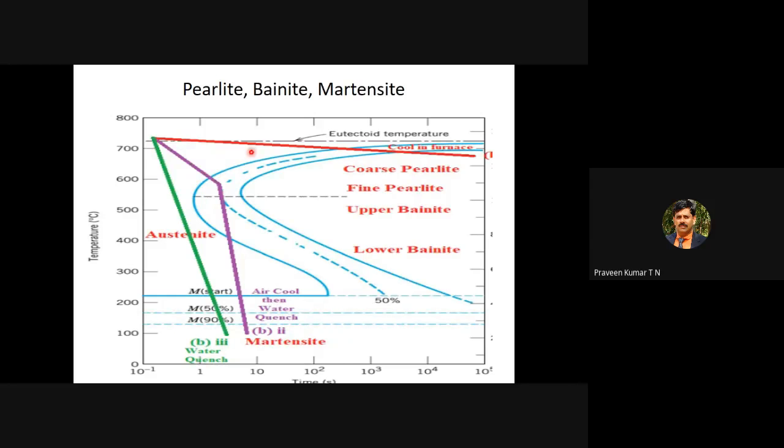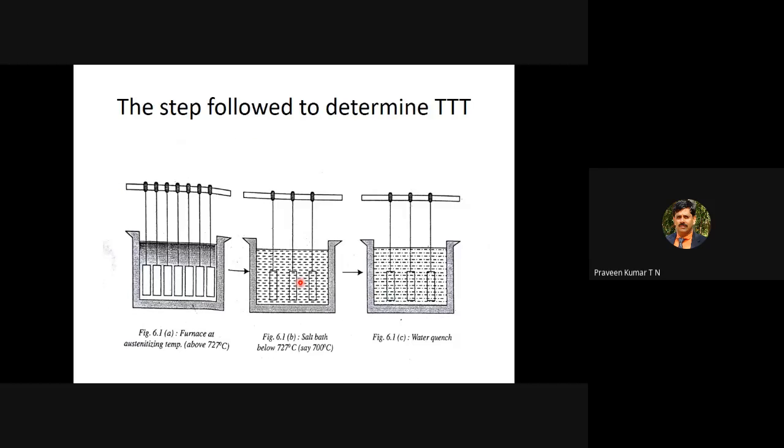Then it has a transformation from austenite to pearlite. It may be coarse or fine. Again, there is a transformation from austenite to upper bainite or lower bainite. If you go for air cooling, that means you are bypassing this part. So now we have a pearlite microstructure as well as bainite microstructure.